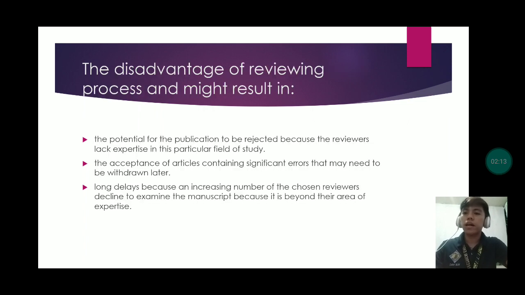Next slide: the disadvantage of the reviewing process might result in the potential for the publication to be rejected because the reviewers lack expertise in this particular field of study. This means there is a risk that the publication could be rejected because the reviewer assigned to evaluate it does not have sufficient expertise or knowledge in the specific field of the study.